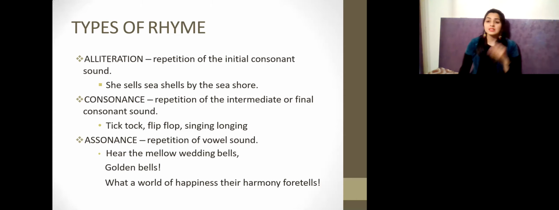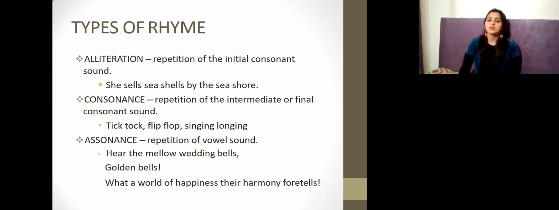These are the types of rhymes that I'm talking about. So please be careful, do not confuse them with the elements. In the elements, it's only rhyme and rhyme scheme. But to move forward in detailing rhyme, I am giving this in order: alliteration, consonance, and assonance.